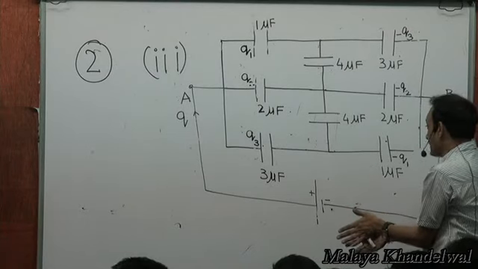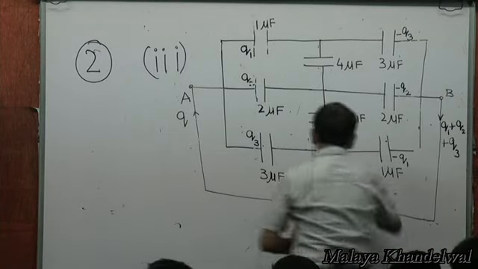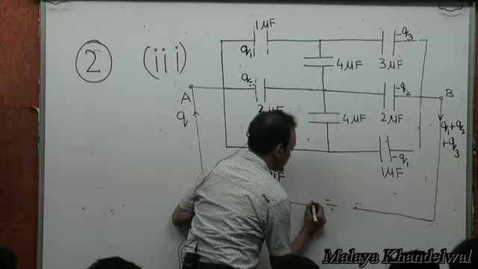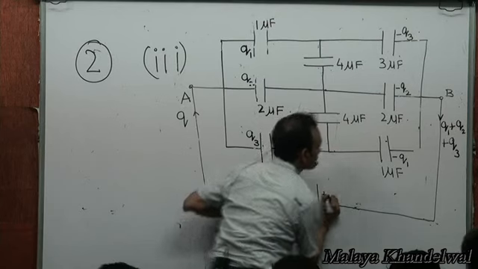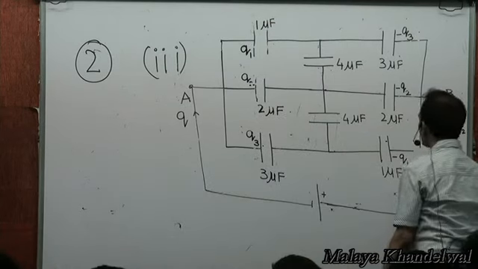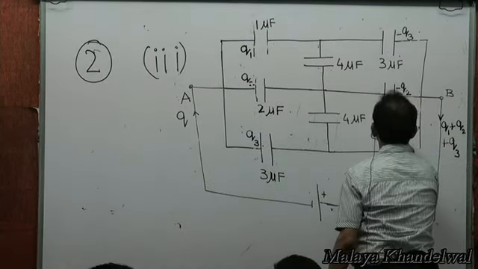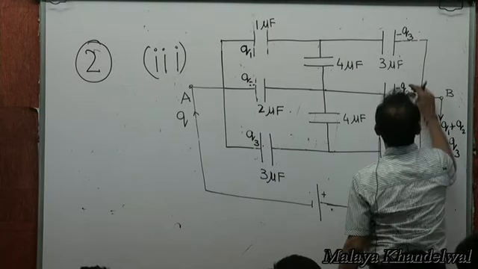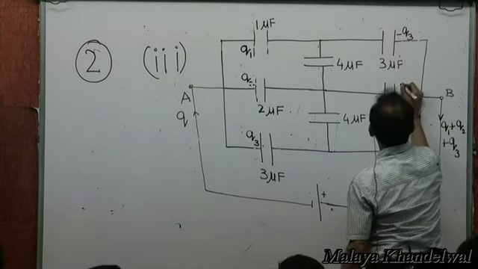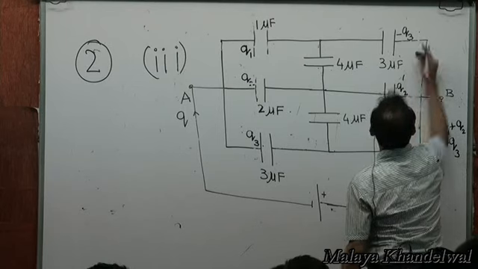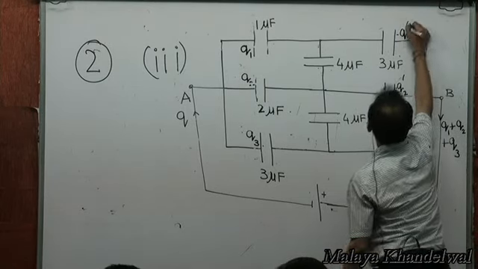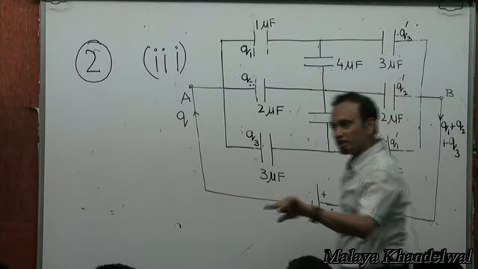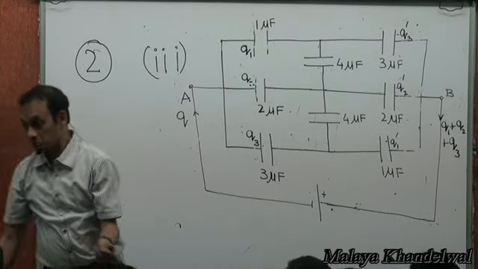Now, if you didn't believe that, suppose on reversing the terminals of the battery, this was, say, Q1 prime, this was Q2 prime, and this was Q3 prime.